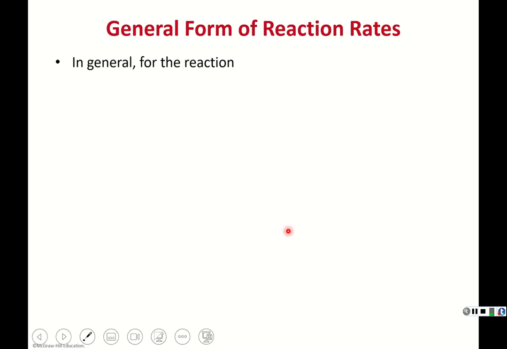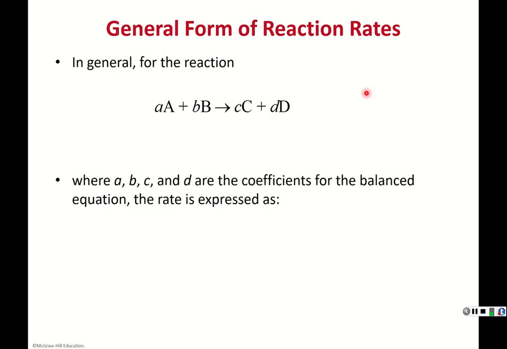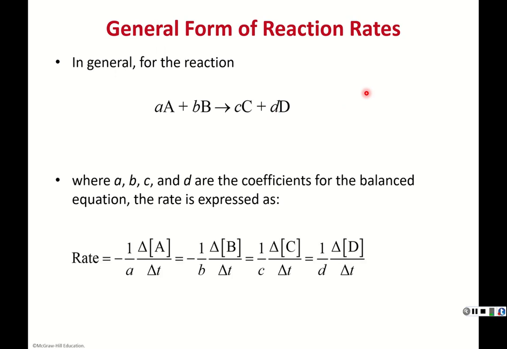So in general, for just a general reaction where you have A plus B going to C plus D, and these small letters are the coefficients in the balanced chemical equation, we can write rates as, for the reactants, negative 1 over a times delta A over delta T. That would be the rate for the change in concentration of A. That equals the rate of concentration for B, negative 1 over b, times change in concentration of B over change in time.